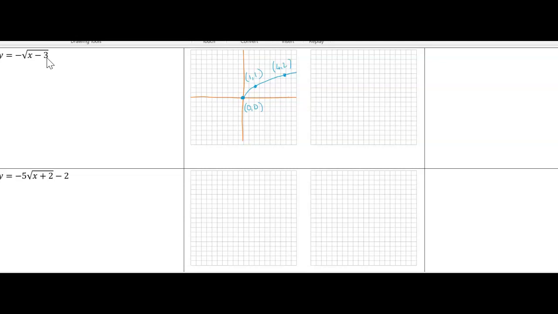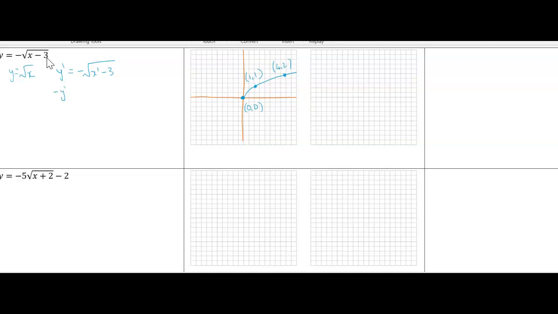All right, so our basic square root graph is y equals the square root of x, and that's transformed to y dash equals negative square root of x dash minus 3. So I'm just going to translate the equation of my image by multiplying both sides by a negative.